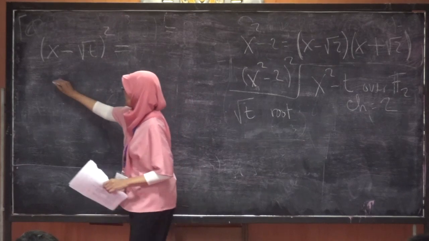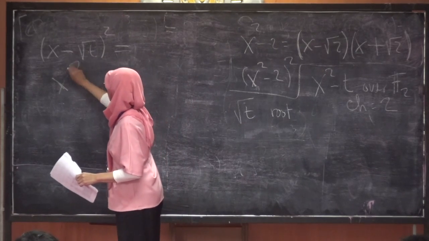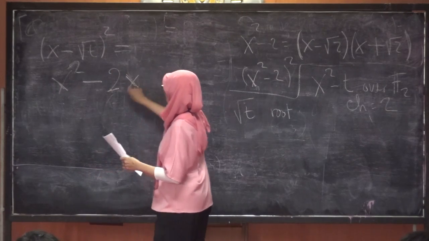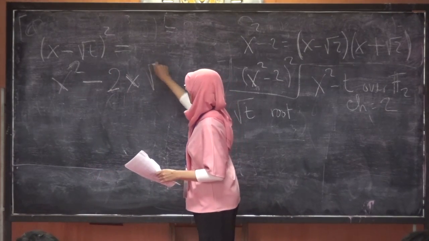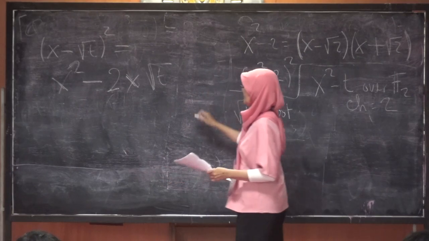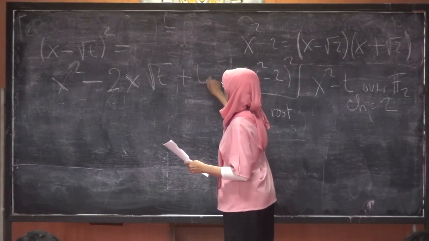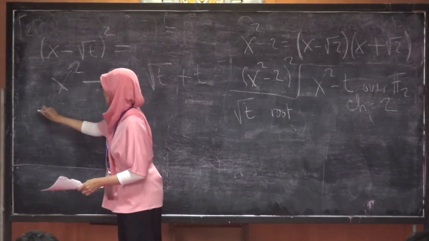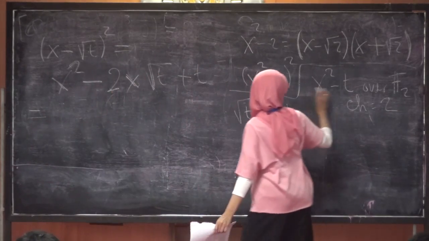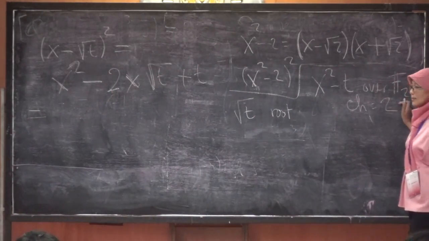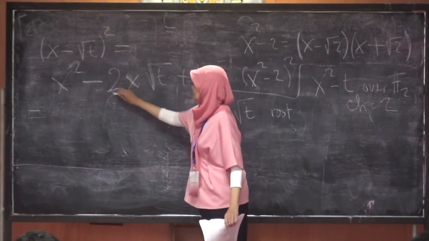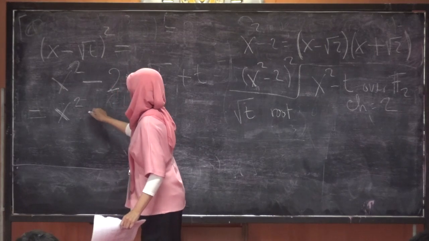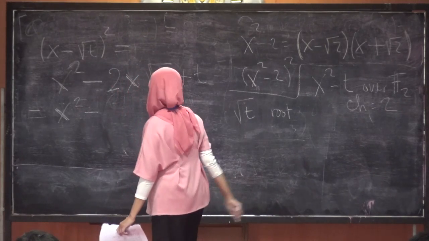Yeah, we have x square minus times x times this and times t. This is normally a square, and because this is characteristic 2, this one is 0, the remainder is 0, and the rest is x square plus t.